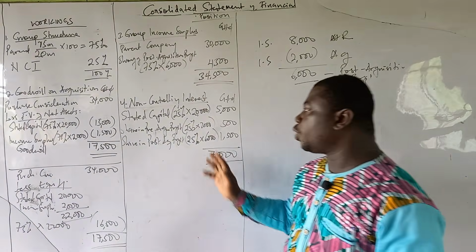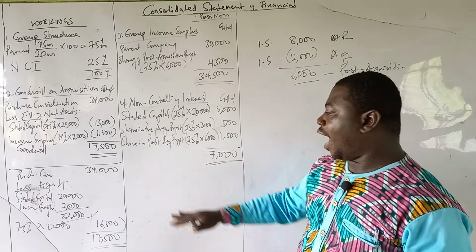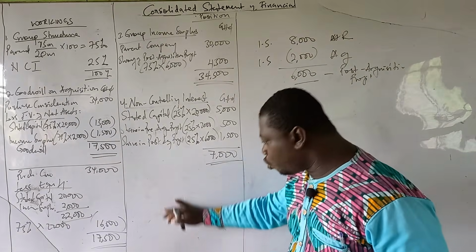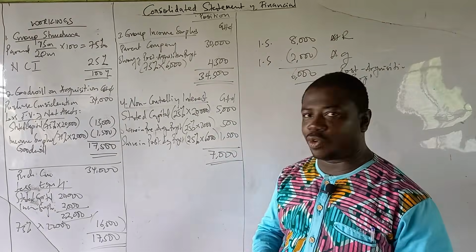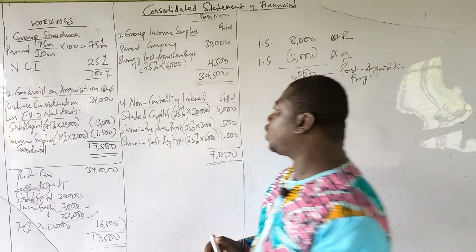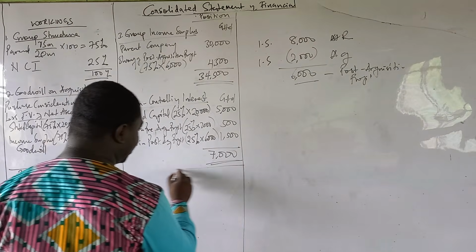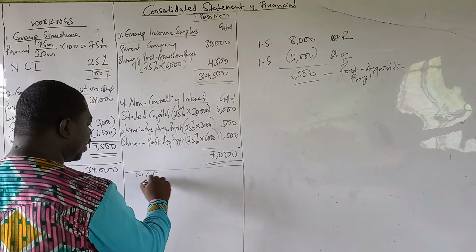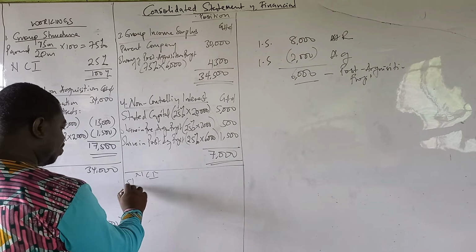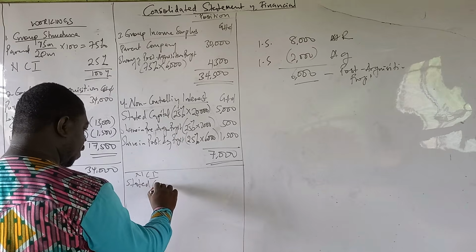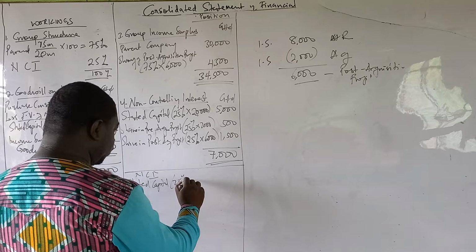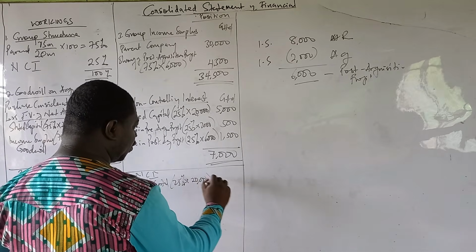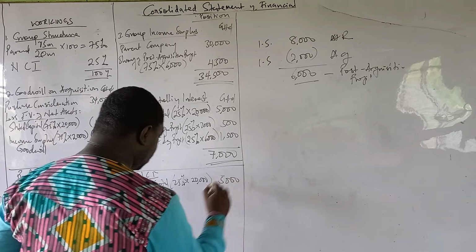Now, don't be confused about this. I'm going to use the previous approach to also do it. Then afterwards, I'll tell you something very important for the next ones that we are going to solve. So look at an alternative way you could have presented this. For the NCI, you could have brought your stated capital, which is what you have known all this while: 25% of 20,000, which is the 5,000.